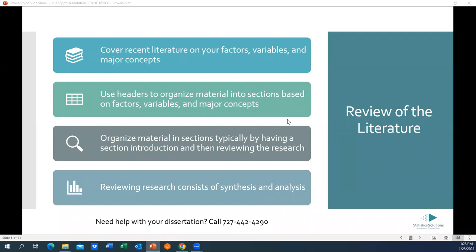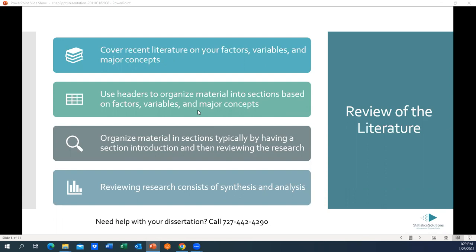Your professors, okay, here's a section on this. Here's a section on this. This makes sense. You can't just do it in one big lump. It's not going to work. Okay. And let's see. So yes, cover recent literature on your factors, your variables, your major concepts. Use headers, right?